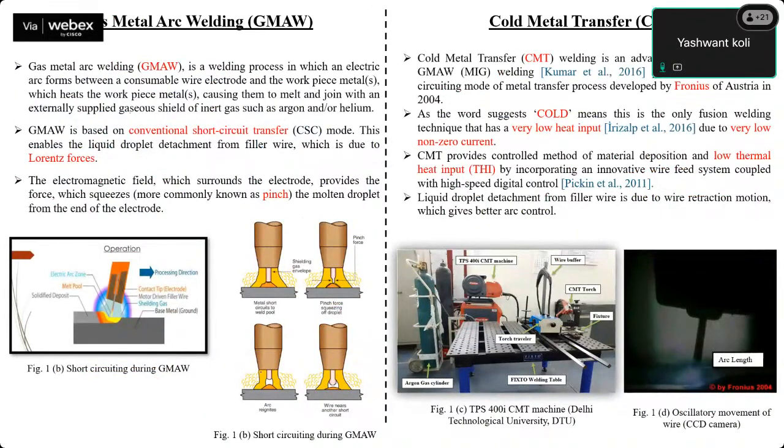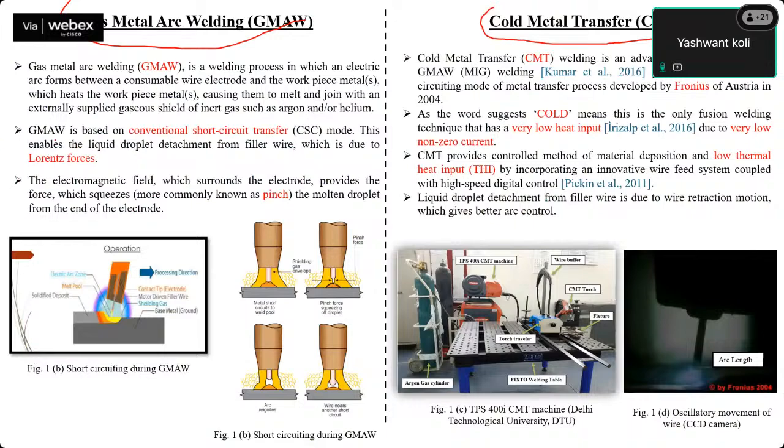So coming to the basics, GMAW is the parent process of CMT, and CMT is the advanced version of GMAW. Basically, GMAW, everyone will be knowing about this. It's a conventional short circuiting transfer.